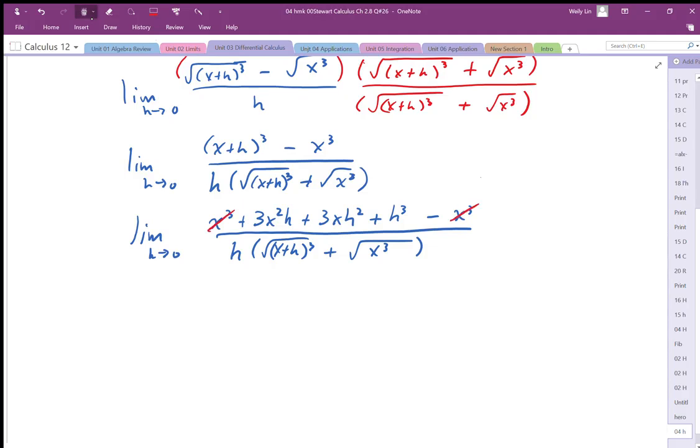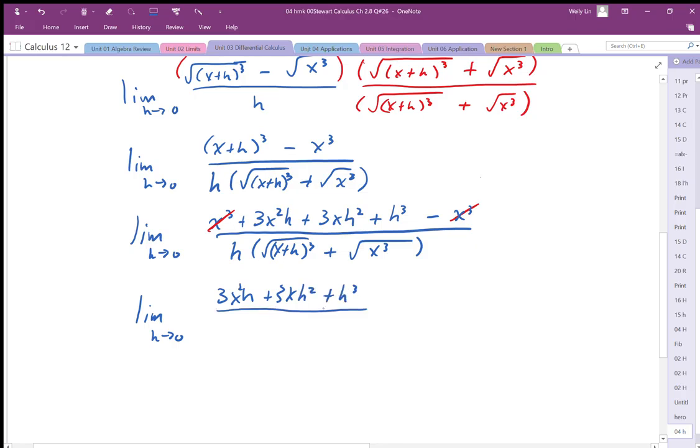I end up with the limit as h approaches 0 of 3x squared h plus 3x h squared plus h cubed all over h, and the rest of the denominator here. So I'm going to cancel out my h's. I've got one h here, that becomes h squared, and now I've got rid of that divide by h.